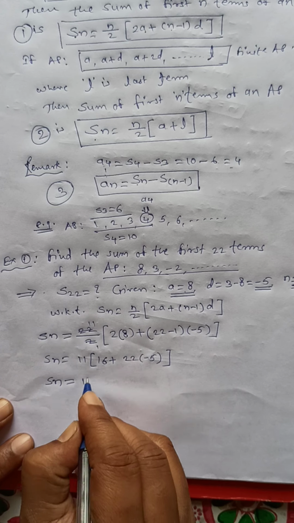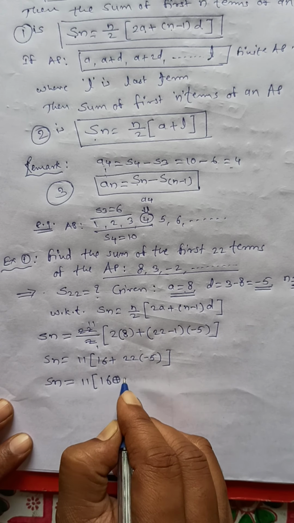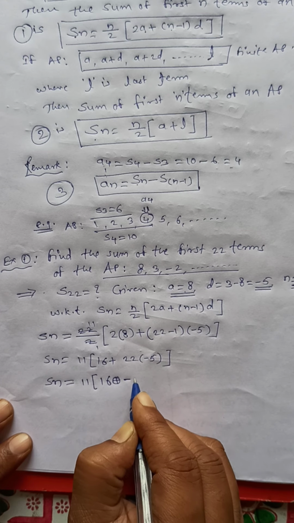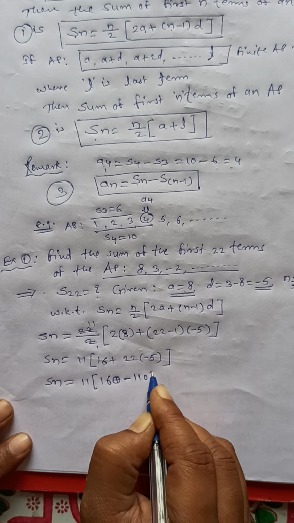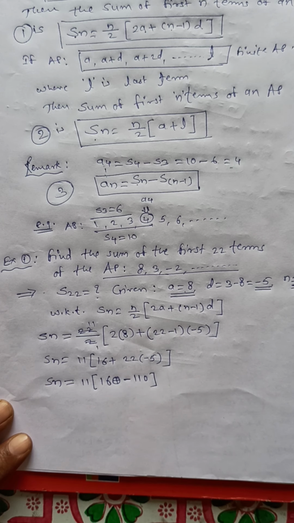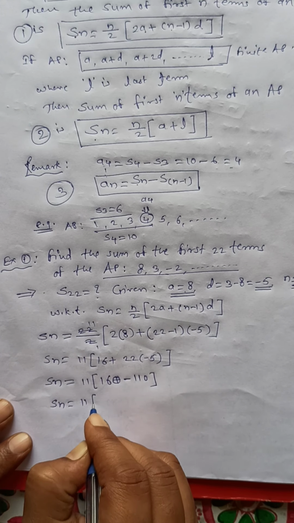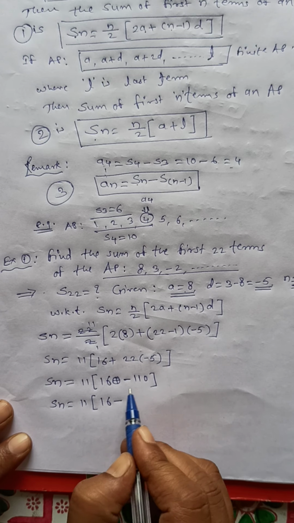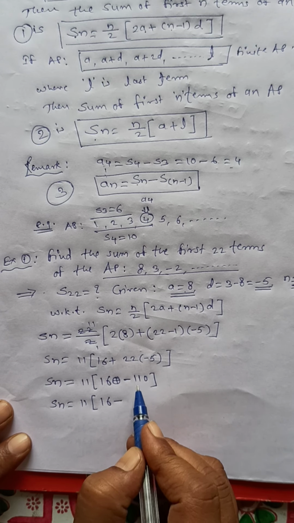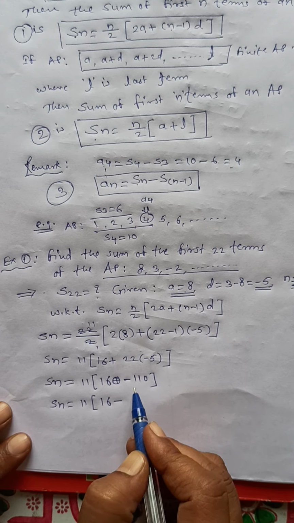Sn is equal to 11 into 16 plus 22 fives are 110, so minus 110.